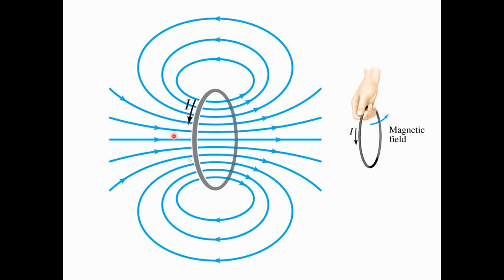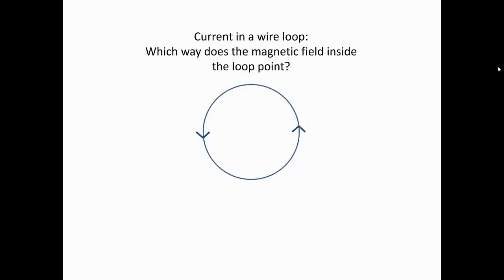Okay, does everybody understand this? Is this clear enough? Yes. Okay. Nobody's complaining, and thank you, Kelly, for playing along. So try this then. Suppose we have a loop that's in the plane of the screen and the current is going in a counterclockwise manner.